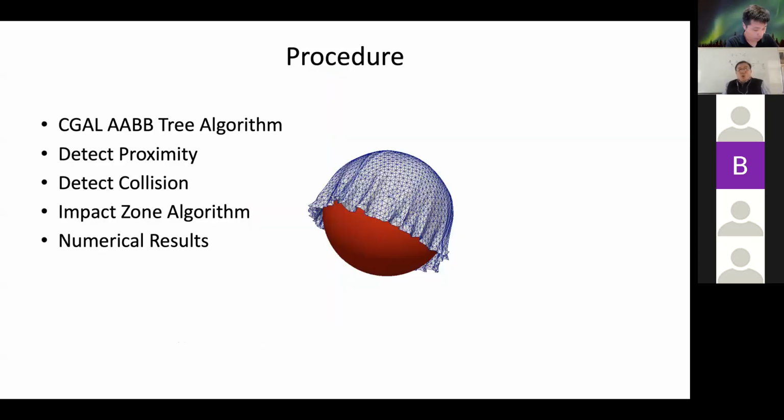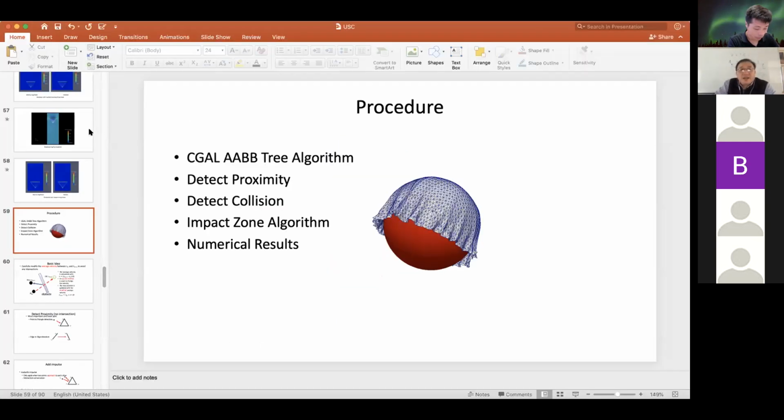And one of the important topics in parachute simulation is how to handle the collisions of different objects. We have the collision of fabric surfaces, and we have collision between string cord and the fabric surface.